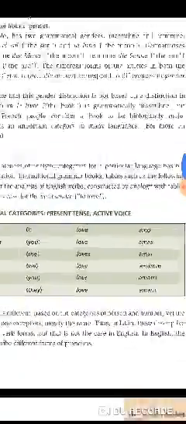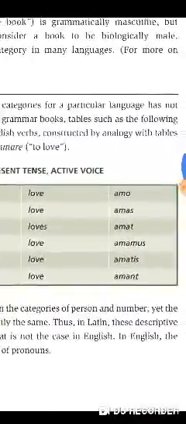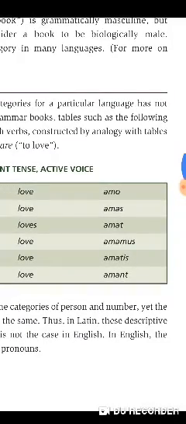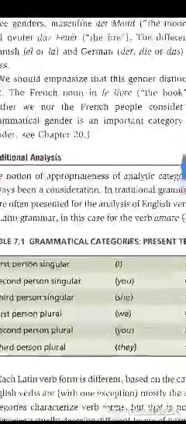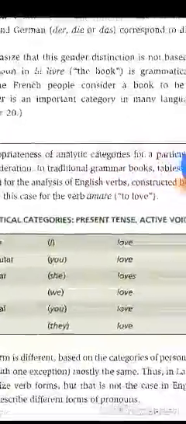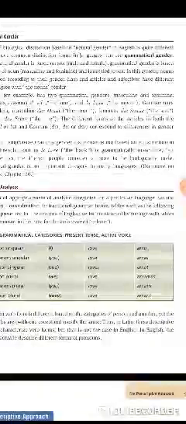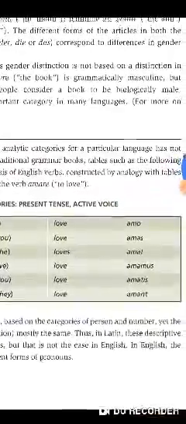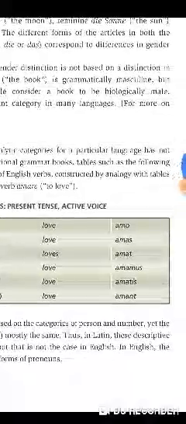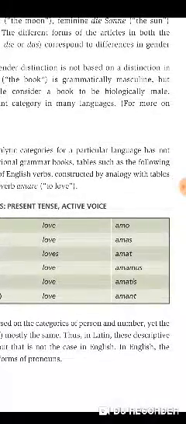What about Arabic or Farsi or other languages? We can see something like this in a language like Latin. We say amo, amas, amat, amamus, amatis, amant. Amo means I love.